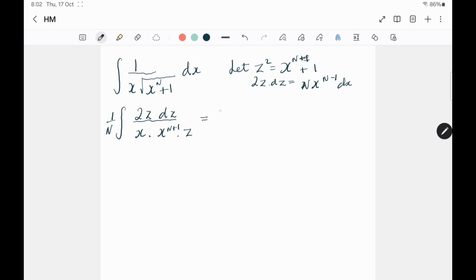And that will then be 2 over n. The z's cancel out. That leaves us with dz over, which should be x to the n minus 1.